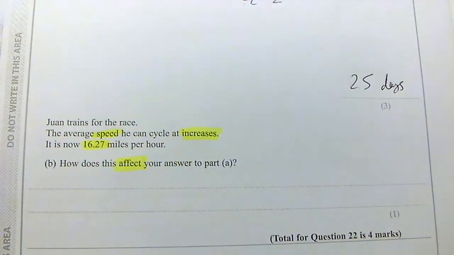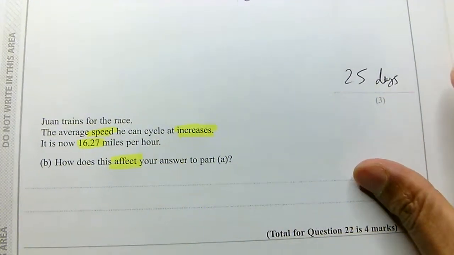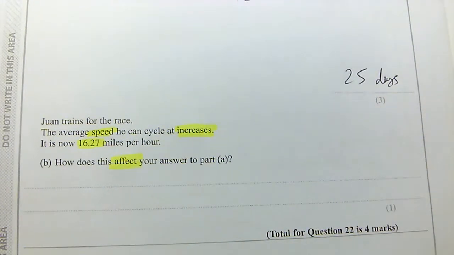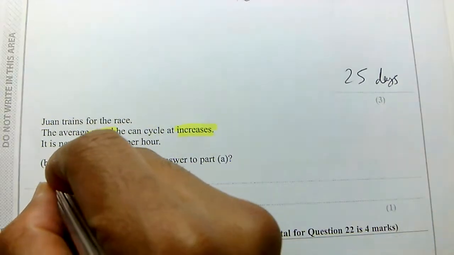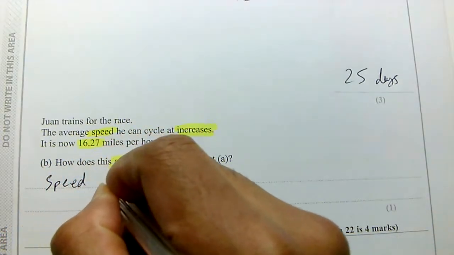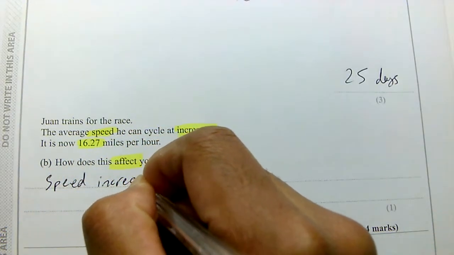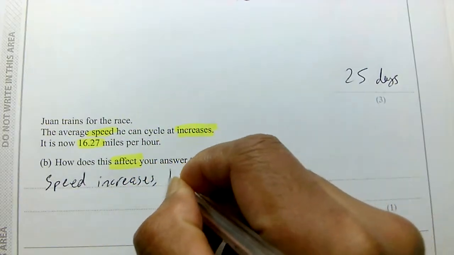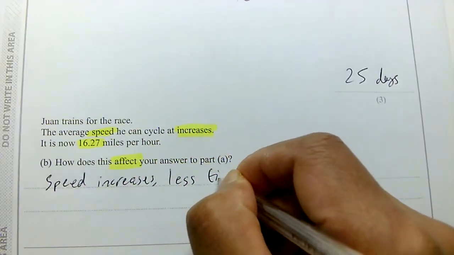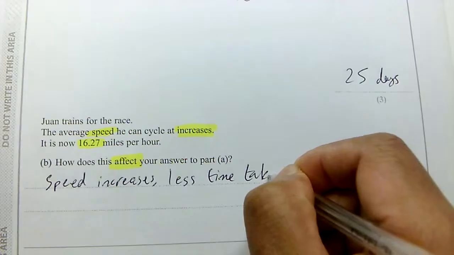So if we think about it, it's the example I gave earlier in one of the questions. Imagine going to your school. If it takes you, say, 50 minutes and you're walking there, imagine running there. It will take you less time. So because speed has increased, that means less time taken.